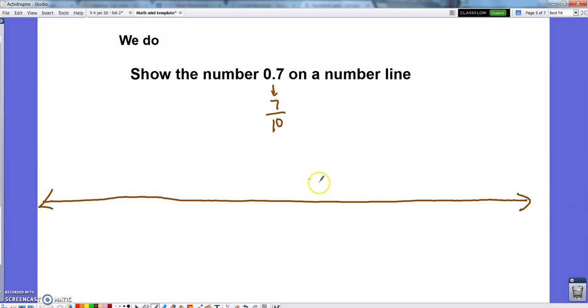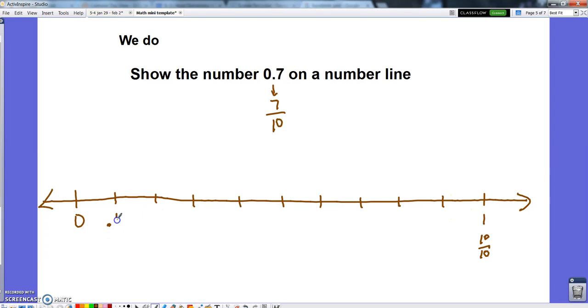All right. So this is less than 1, so I only have to go from 0 to 1. And partition, remember, this is going to be my 10/10 mark right here. 1 is my last mark, so I need 9 partitions. 1/10, 2/10, 3/10, 4/10, 5/10, 6/10, 7/10, 8/10, 9/10, 10/10.